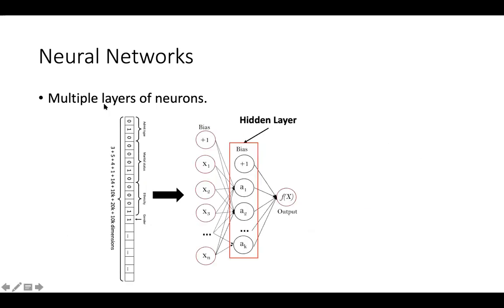If you have multiple layers of neurons, say k neurons in the hidden layer, then it's more than just logistic regression.